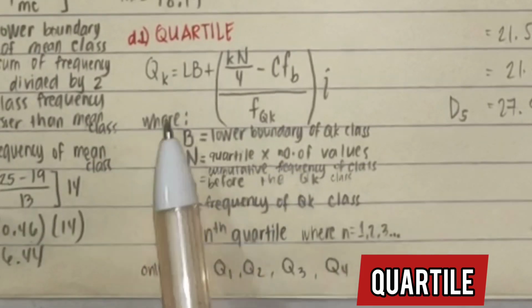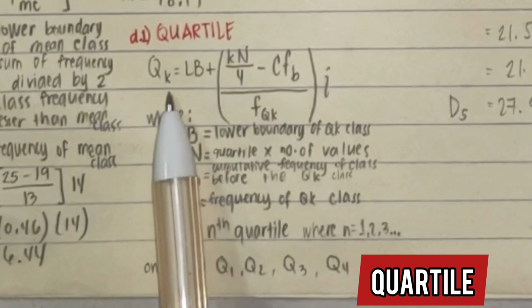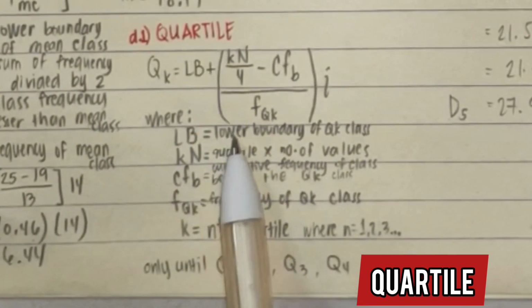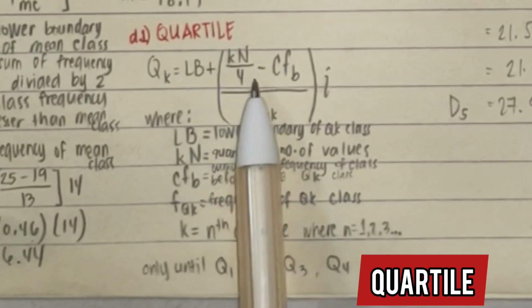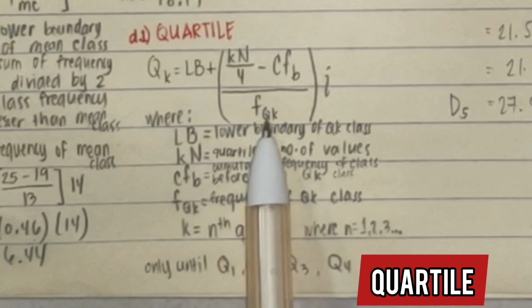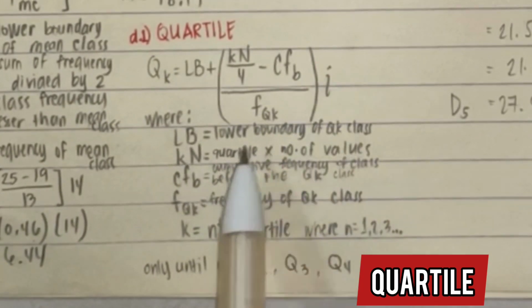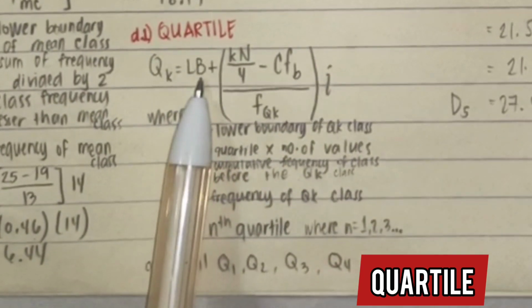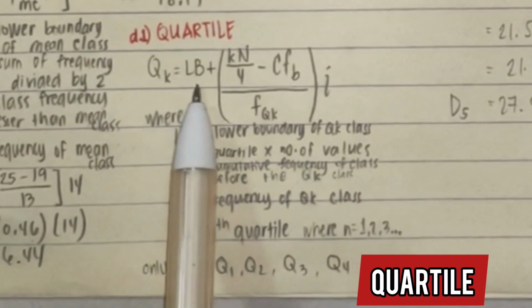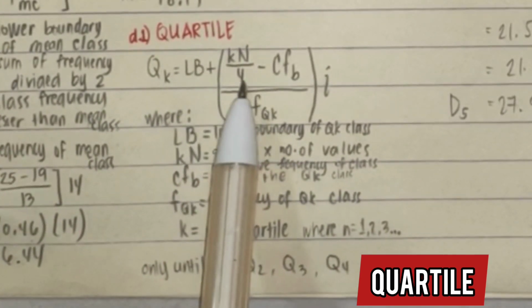Now to solve our quartile, we have the formula QK equals LB plus parentheses KN divided by 4 minus CF sub B over F sub QK parentheses I. So our LB means the lower boundary of our QK class, which we will find later on by looking for this one.